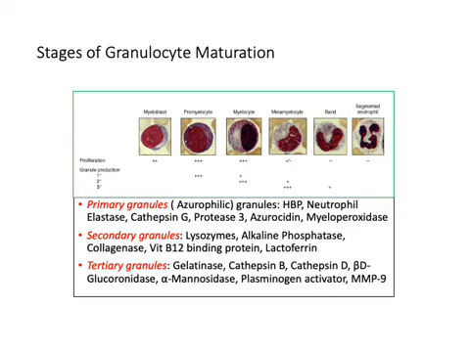And then at the level of the metamyelocytes, they start to express the tertiary granules. A long time ago, the expression of some of these granules was used to classify the different types of leukemia, but is now no longer used.